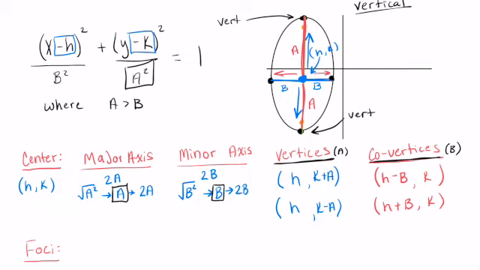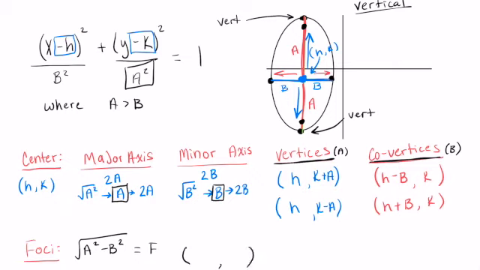And last but certainly not least, we have our foci. Our foci are found by taking the square root of A squared minus B squared. That gives me F. Then I take my center, and how am I moving?